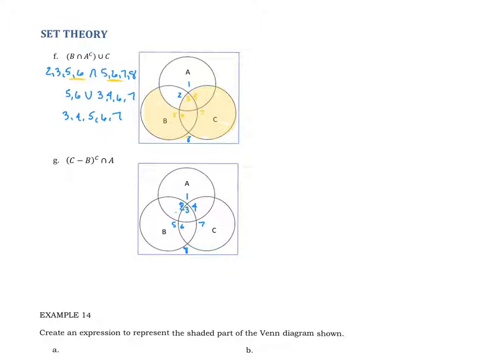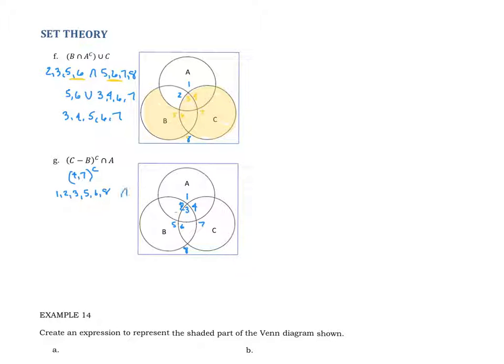All right, so example G is the complement of the difference of sets C and B. So the difference of sets C and B is going to be just regions 4 and 7. And I want everything but regions 4 and 7, so this is going to take a while to write down. 1, 2, 3, no 4, 5, 6, no 7, and 8.